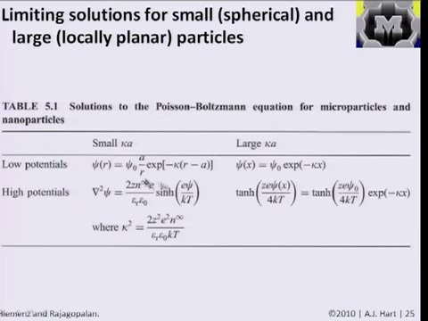So we get a solution that's fairly similar to the planar case. They also talk a bit about the solution for cylinders, which turns out to be expressed via Bessel functions, and so on.